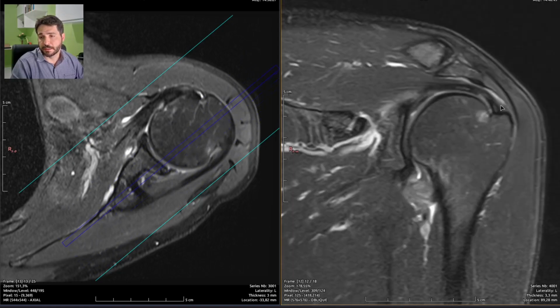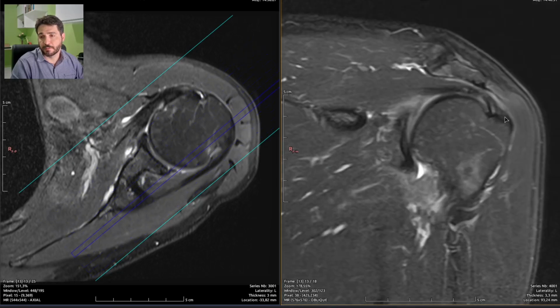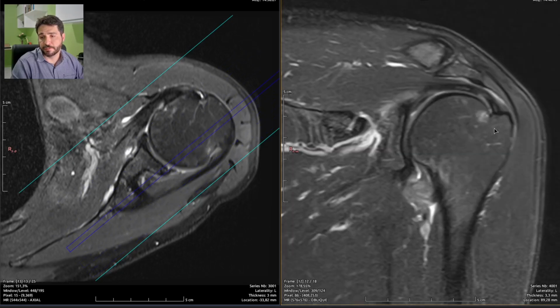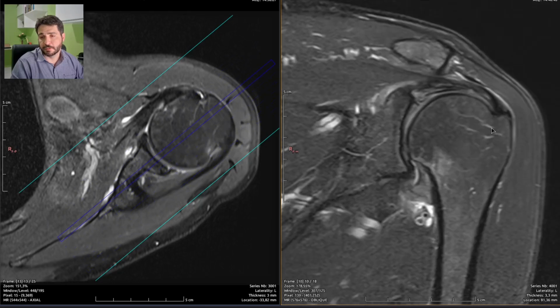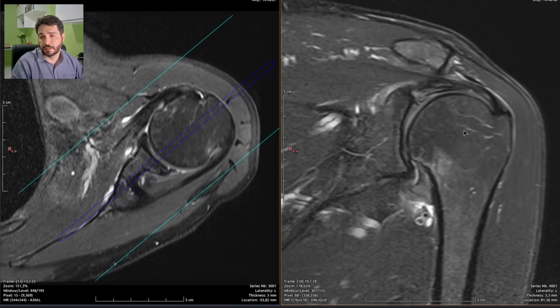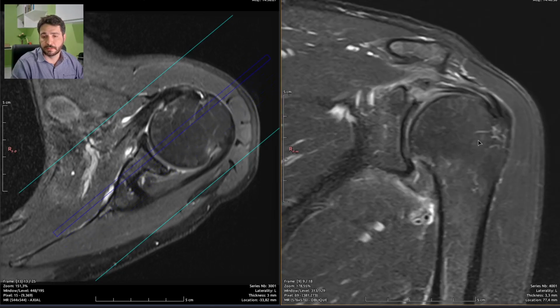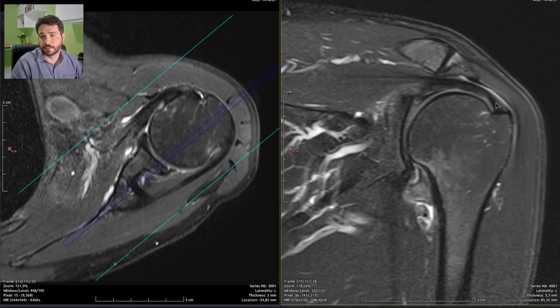I can say there is mild tendinitis of the supraspinatus and probably also the infraspinatus. No fractures. Glenoid and humeral cartilage seem fine except for the ruptured labrum. Labrum is bad, isn't good. So, bursitis.